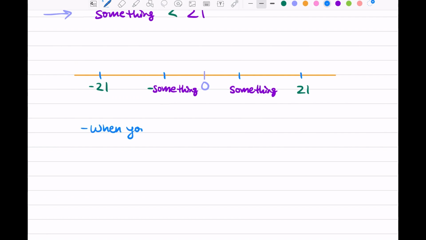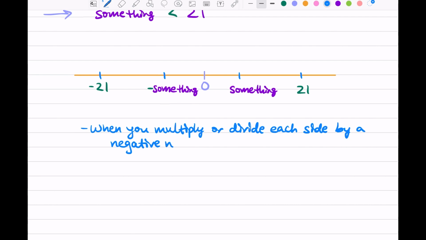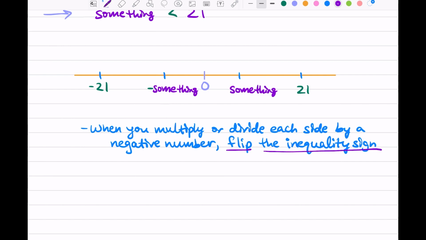When you multiply or divide each side, remember, same thing to both sides, when you multiply or divide each side by a negative number, flip the inequality sign.